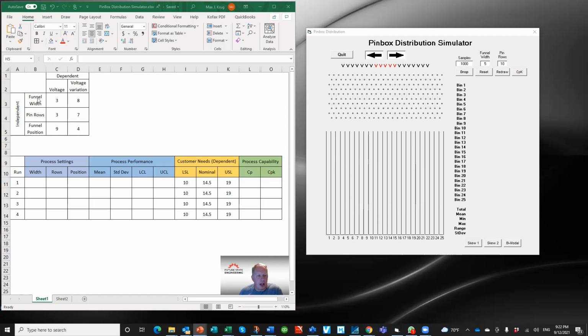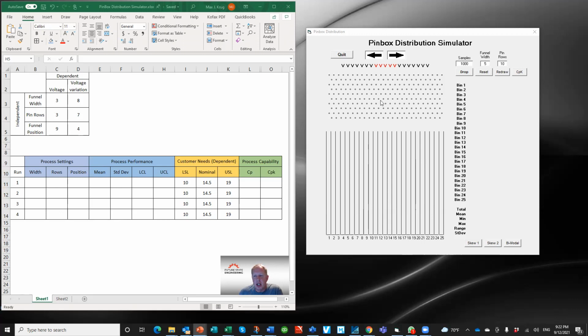Also, what's that funnel width effect on the variation of the voltage? I'm saying that's a high relationship, so I'm going to make that an 8. And likewise, the number of pin rows on where it falls is a 3, and on the variation a 7. Then the funnel position, I'm saying that really affects the voltage, but doesn't have much effect on the variation.